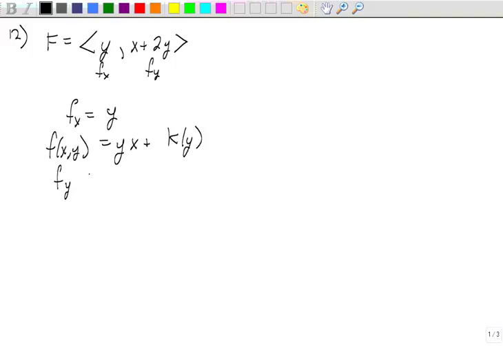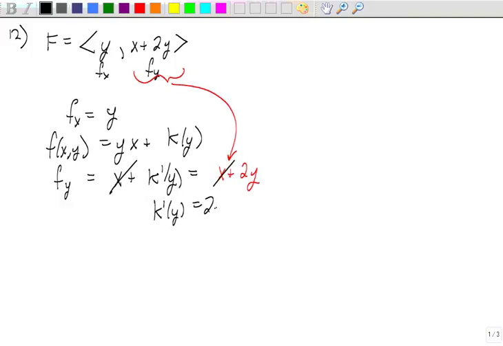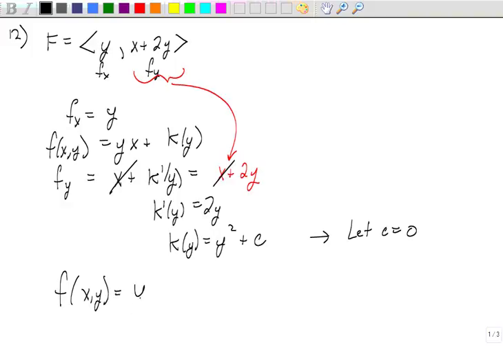We then take the partial derivative with respect to y and see that it should be equal to this up here. Well, the x's cancel, so our k is y squared plus constant. We're going to take that constant to be 0. So our function will be yx plus y squared. Now we're going to integrate that.